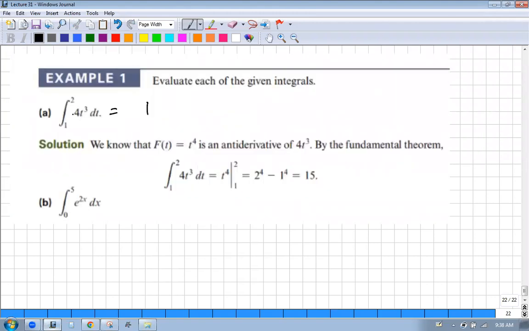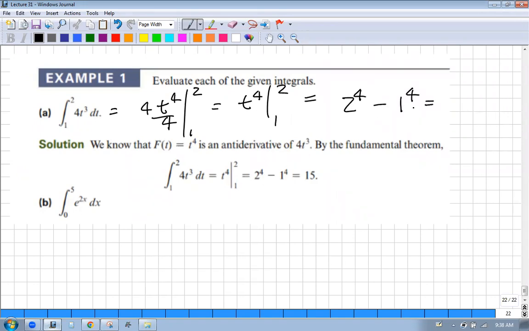We pull the 4 out. This guy, we add 1 to the exponent, divide by the exponent, and we're evaluating this from 1 to 2. Of course, we want to simplify this first. This is t to the 4th, evaluated from 1 to 2. So we plug in the 2, we subtract, and then we plug in the 1. This is 16 minus 1, which is 15. That's how you do it.